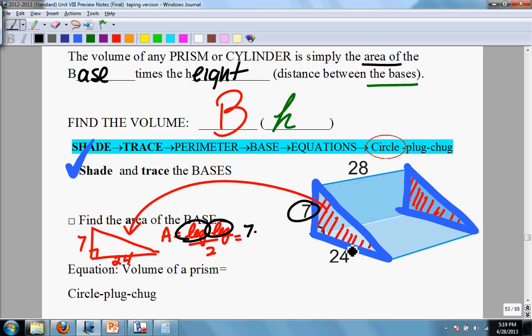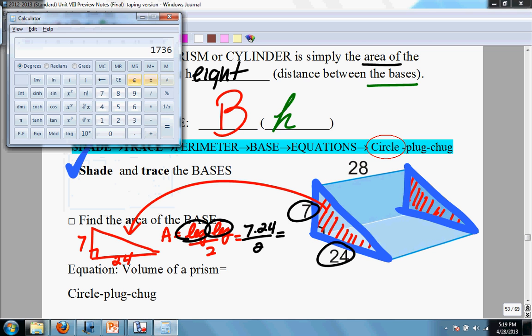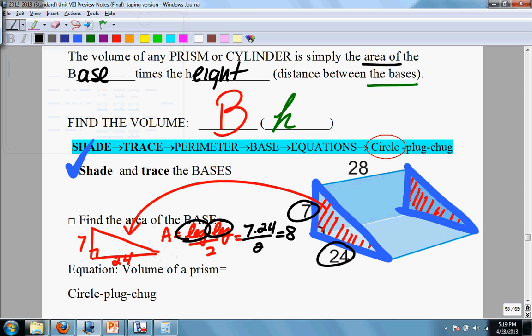The other leg is 24 over 2. That's going to end up being 7 times 12. And we get 84 units squared is our base. So we write here, base equals 84 units squared.